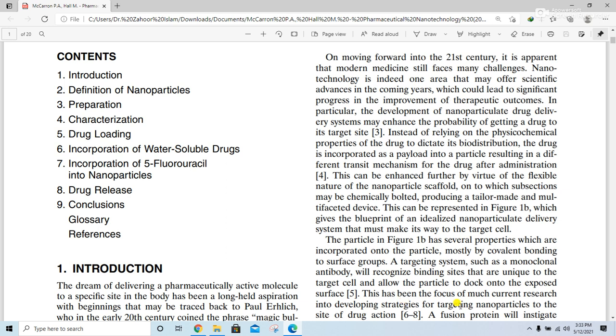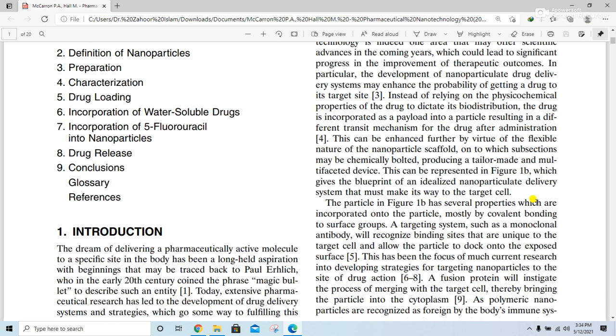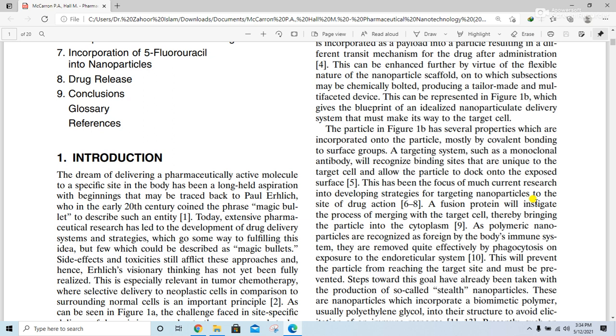This has been the focus of much current research into developing strategies for targeting nanoparticles to the site of action. Fusion proteins will instigate the process of merging with the target cell, thereby bringing the particle into the cytoplasm.